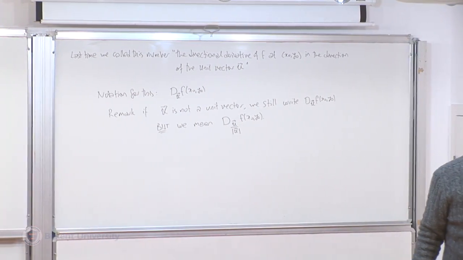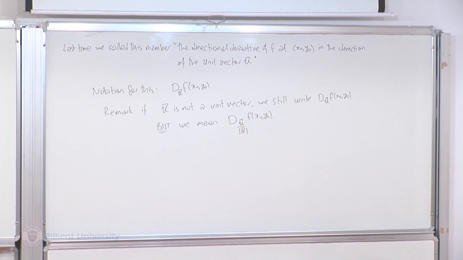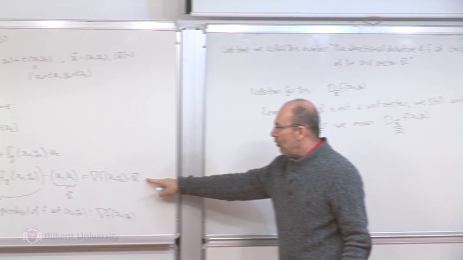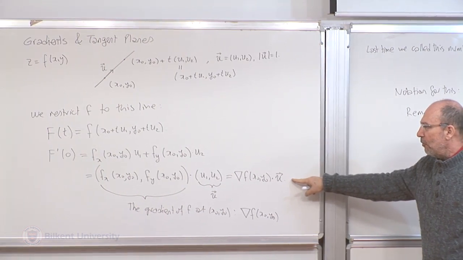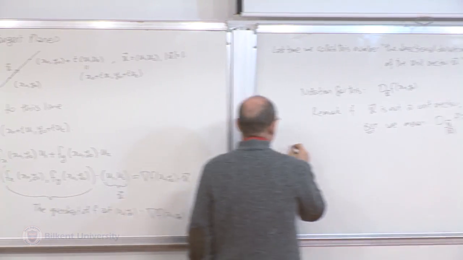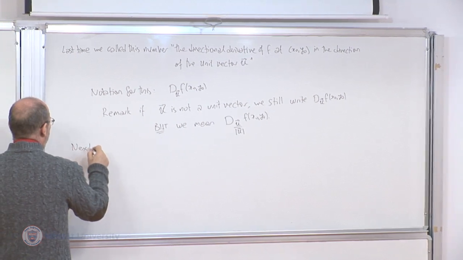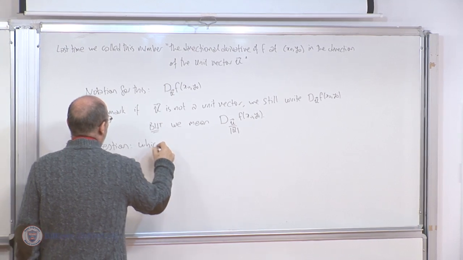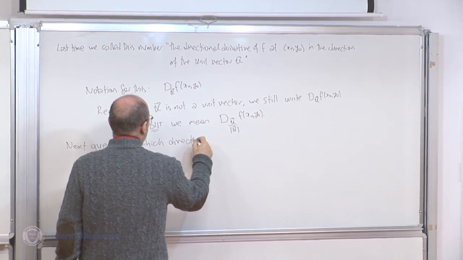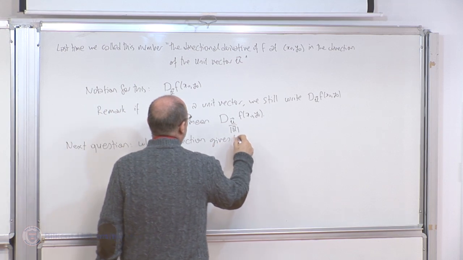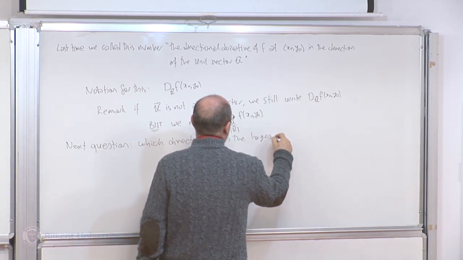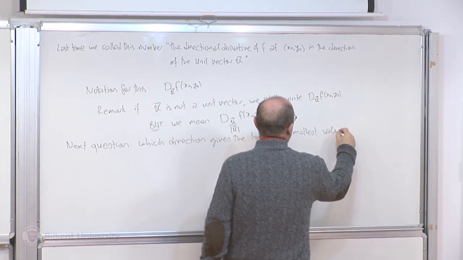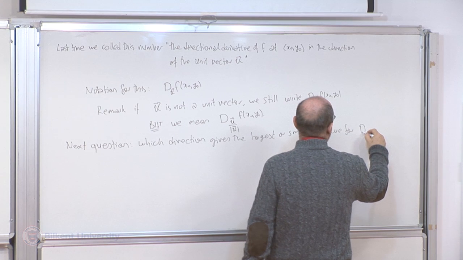When we say best, it is either the largest number or the smallest number. For that, we go back to this equation which we found. The next question was the following. Which direction gives the largest or smallest value for the directional derivative?